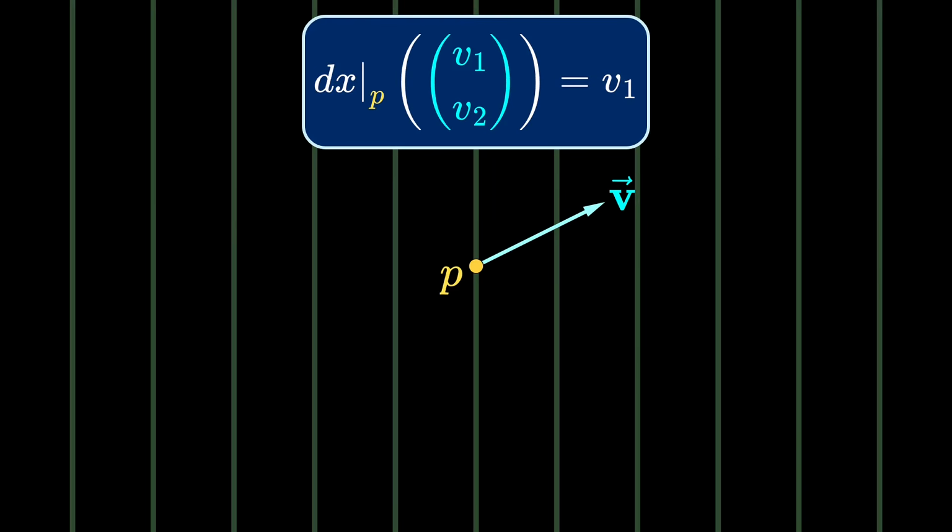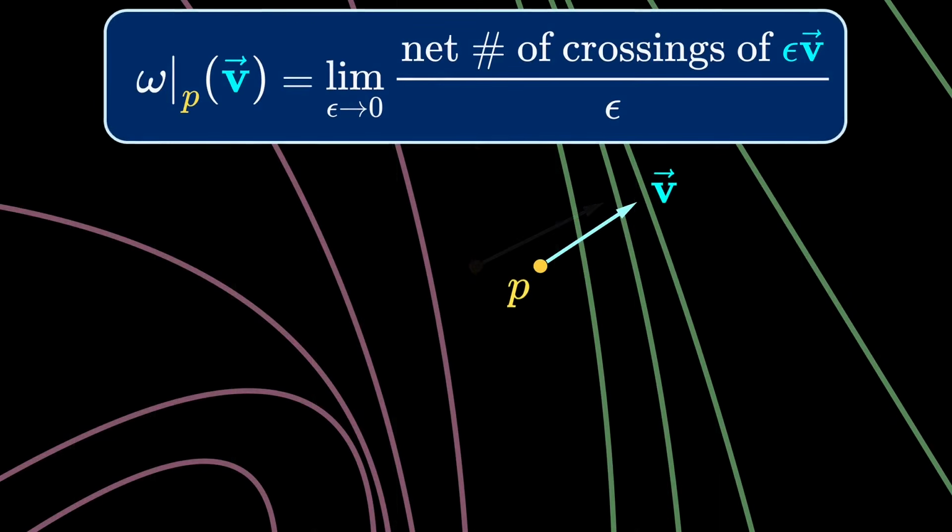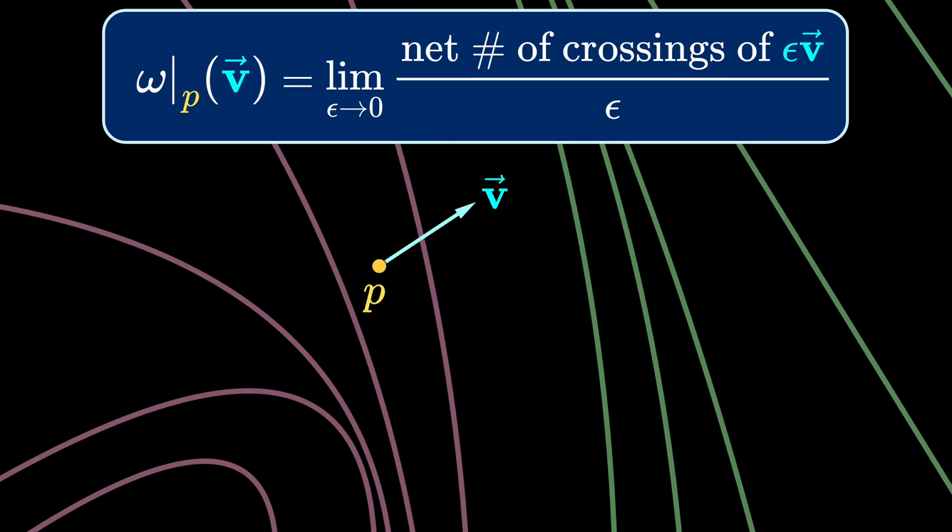In this simple case, the function doesn't depend on p, the position, but in general it can. For example, in this illustration, omega at p acting on v should be positive because it crosses the positive lines the correct way. But if p is more to the left, then this function returns a negative number because it crosses negative lines.